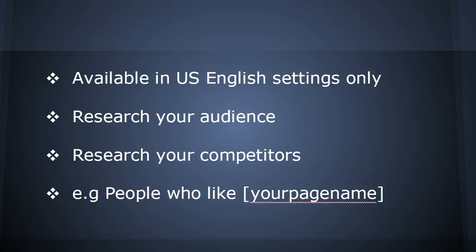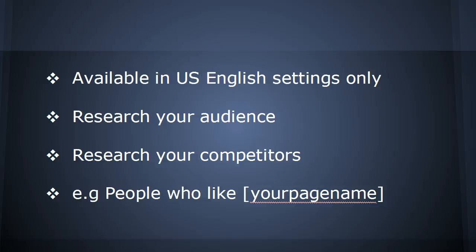It can also help you to research your competitors, and I'm going to show you a few searches live on Facebook in a minute, but just to give you an idea, some of the things you can type in would be, as I've put at the bottom here, people who like your page name. Whatever the name of your page is, you would just add that into the search bar behind people who like, and it will then bring up a list of everyone that's liked your page with all their information.